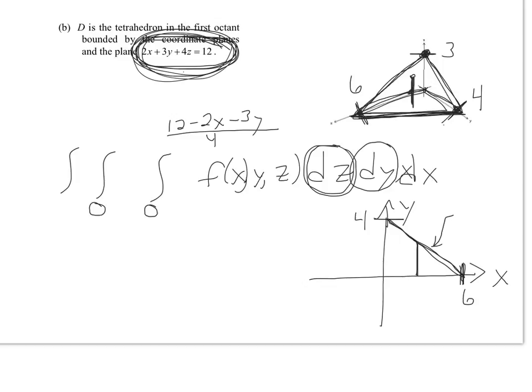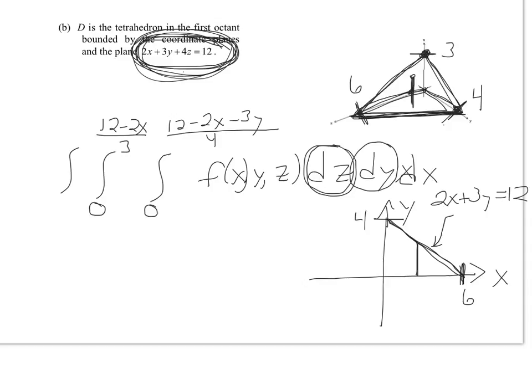And we conclude that this line here must be the line 2x plus 3y equals 12. And you can easily verify that the point (6, 0) and the point (0, 4) both satisfy that equation. And that means that that line is given by y equals (12 minus 2x) all divided by 3.